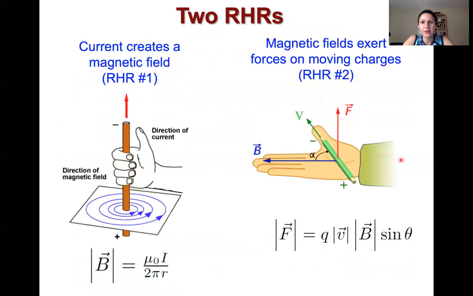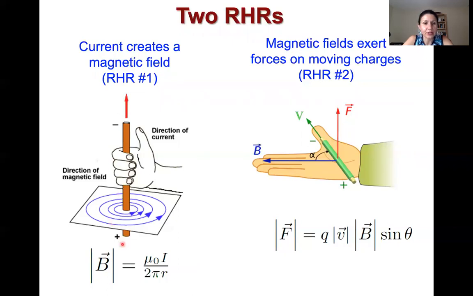All right, so this is just a summary of last week. We looked at these two right-hand rules. The first right-hand rule tells us about the direction of the magnetic field due to current.